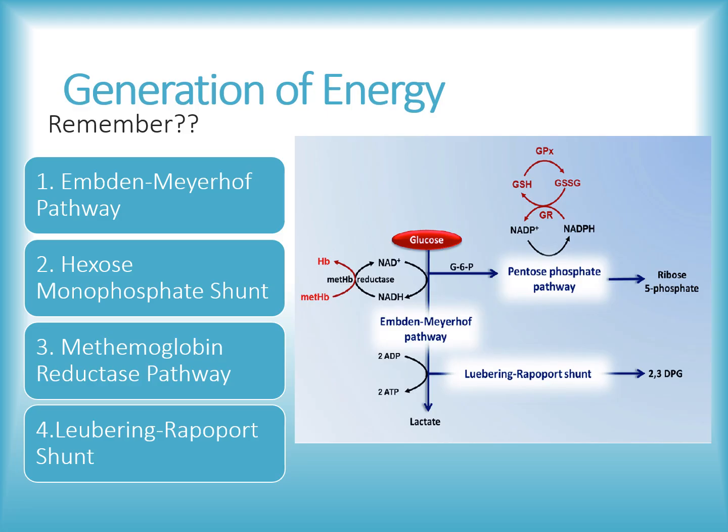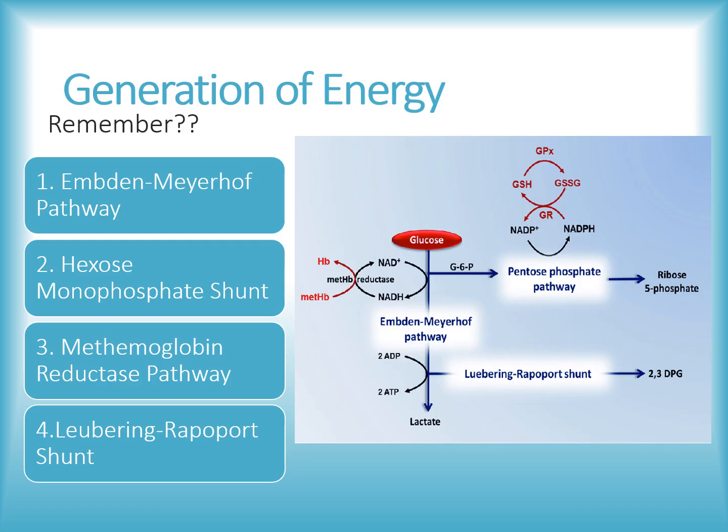The very first pathway that we see in red blood cell metabolism is the Embden-Meyerhof pathway. The second we know of is the hexose monophosphate shunt. Third is the methemoglobin reductase pathway, and then the very last one is the Luebering-Rapoport shunt.